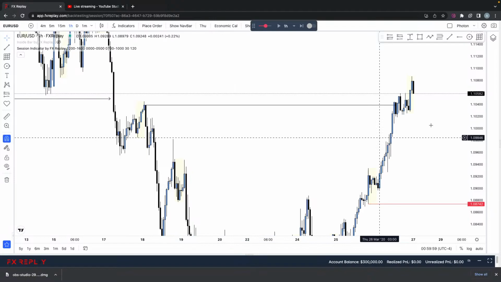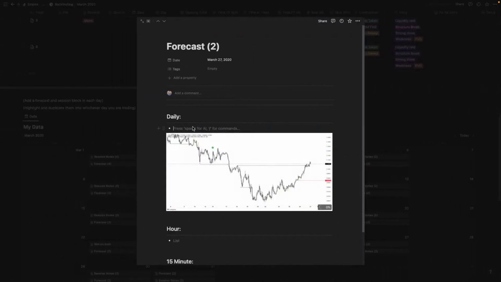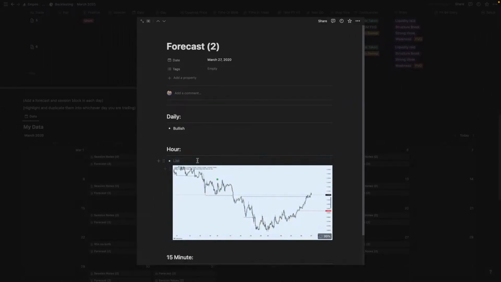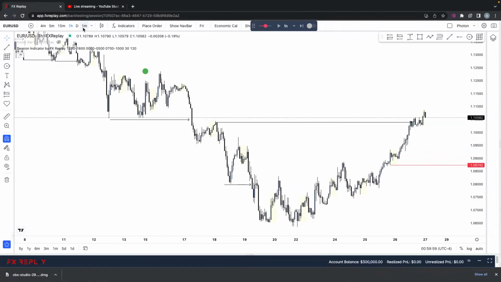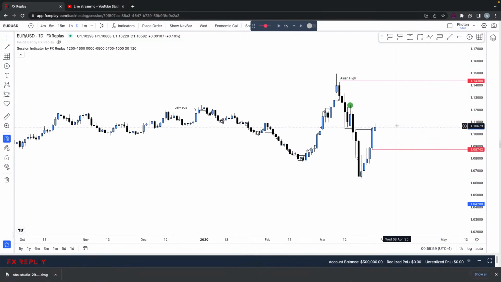Okay, breaking market structure there. So bullish on the hour. Pretty sure we're still gonna be bearish on the daily. Yep, bearish on the daily still.